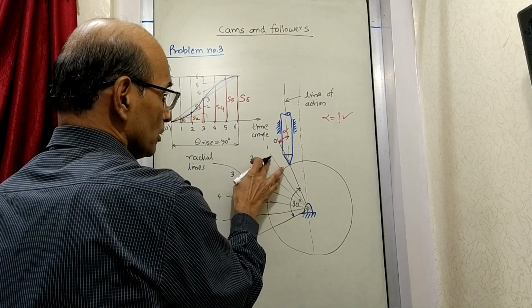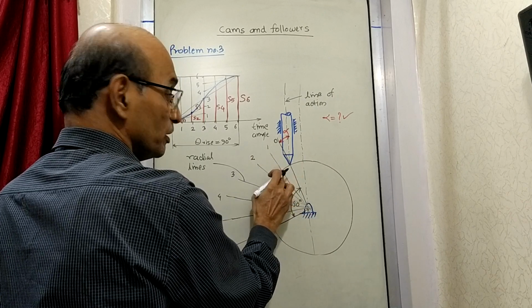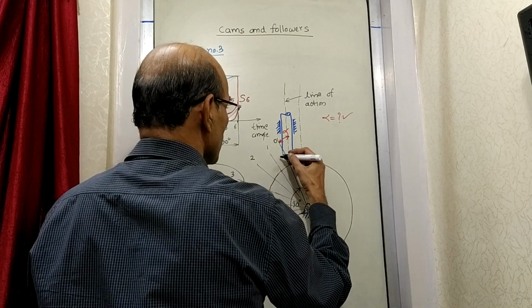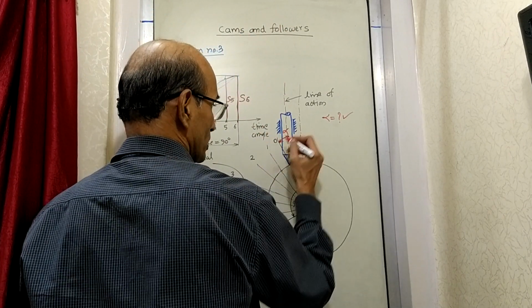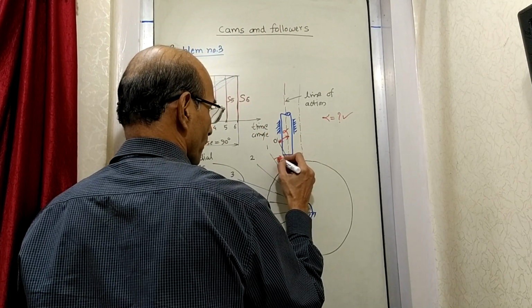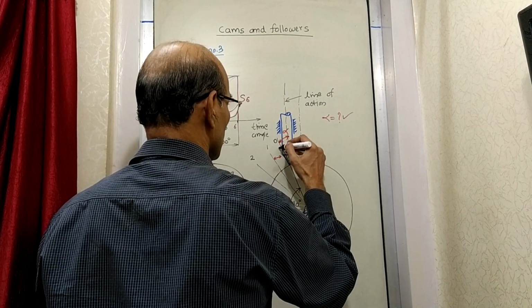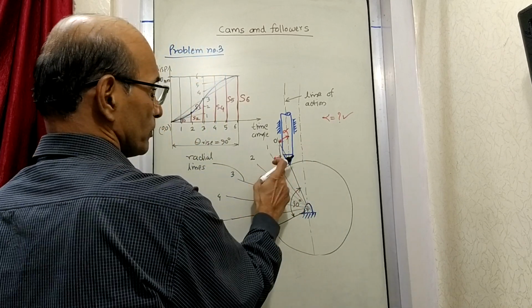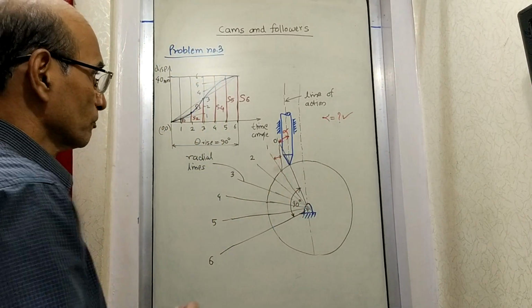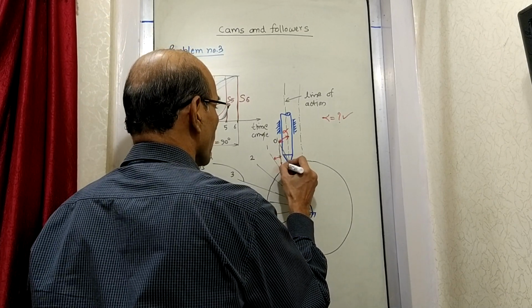So with respect to the radial line, we have to draw the line of action in this position. We take the angle backwards, alpha, and draw a line like this. This is going to be the line of action.